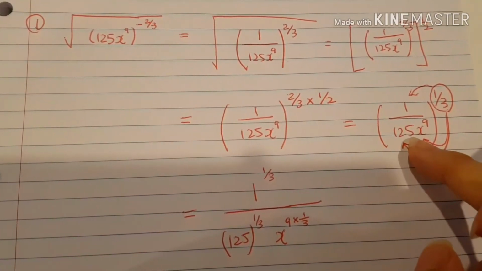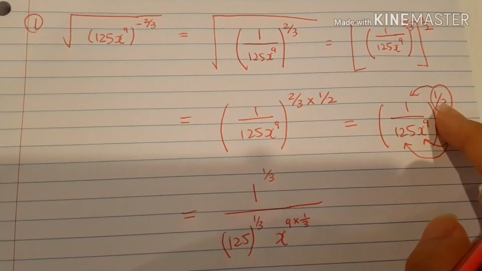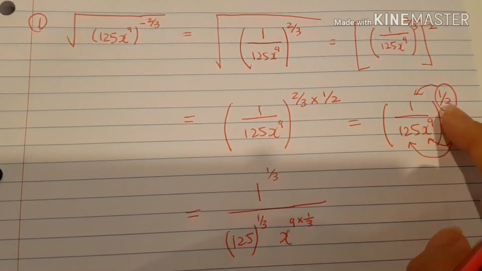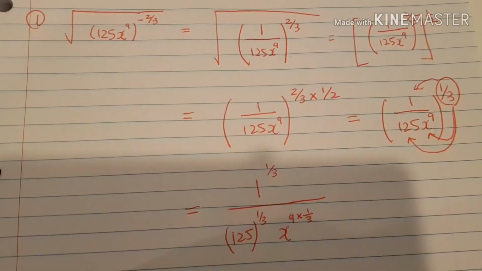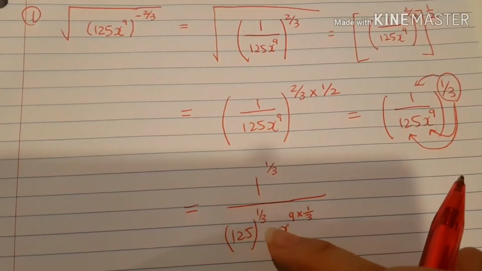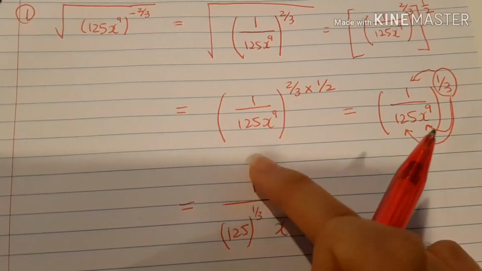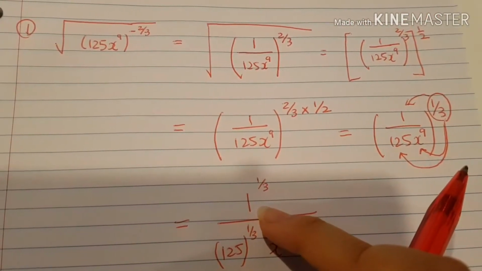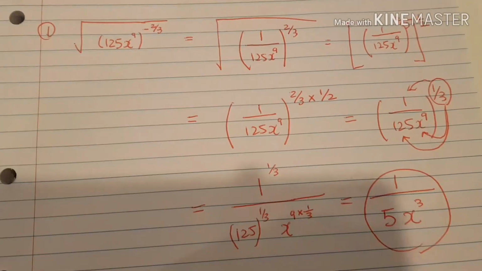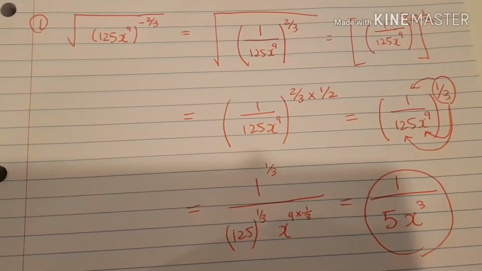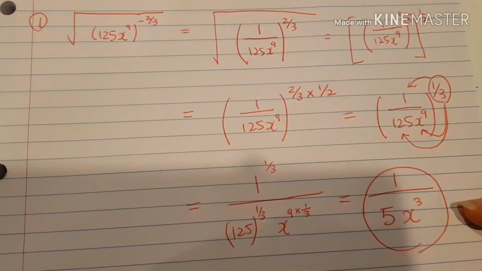Since it's powers of power, I'm multiplying these. This one you can just put in the calculator, and also you can try putting this into the calculator, and obviously it will give, ta-da, a very simple solution.